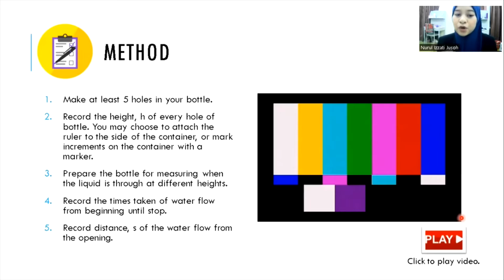Then, prepare the bottle for measuring when the liquid flows through at a different height. Record the time taken for the water to flow from the beginning until it stops. Since we have already recorded the time, don't forget to record the distance S of the water flow from the opening. Now, let's watch the experiment.